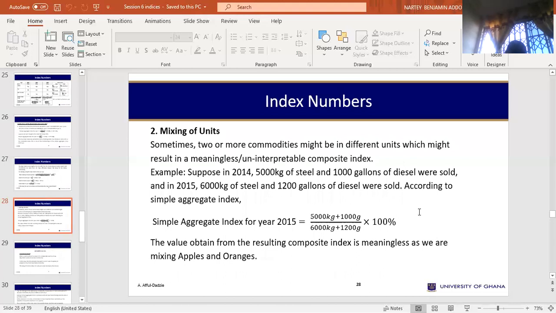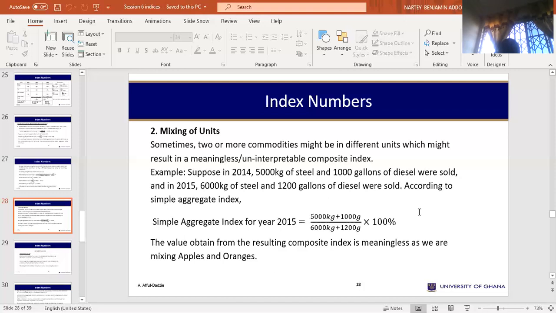Mixing of units. Sometimes two or more commodities might be in different units, which might result in a meaningless or uninterpretable composite index. I indicated somewhere along the line that where you have different units, it becomes uninterpretable, because the units are different.